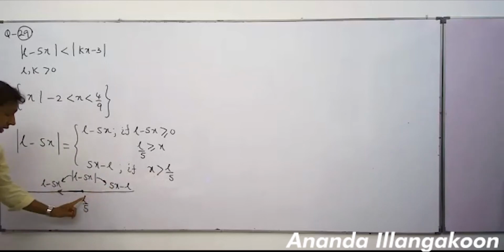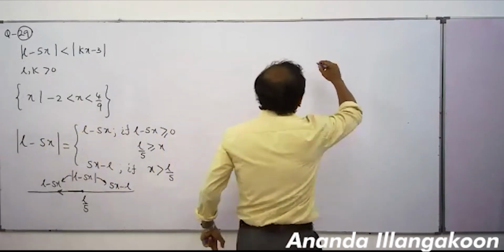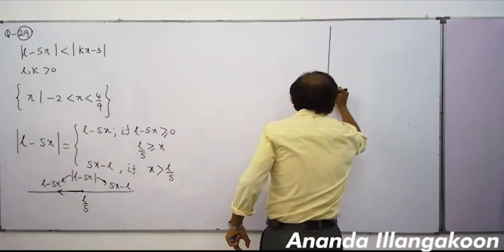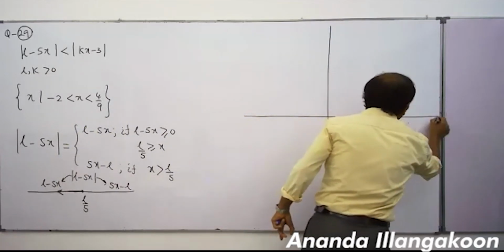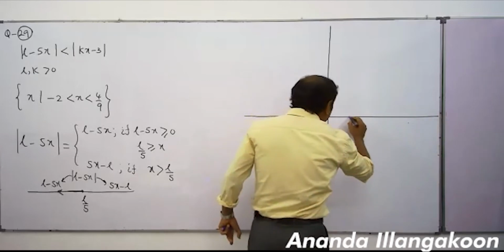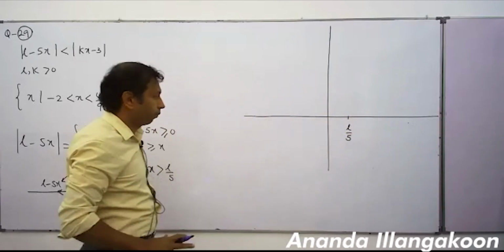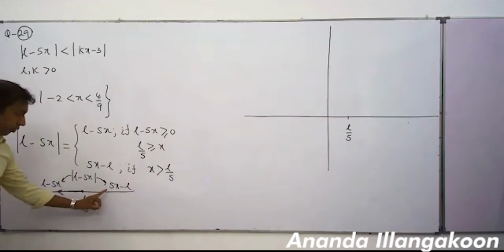L and K are both given as positive. Here the gradient is plus 5, and here the gradient is minus 5. That's two straight lines, this way. The turning point is L by 5. People, now we will draw, on the right of L by 5, 5x minus L.